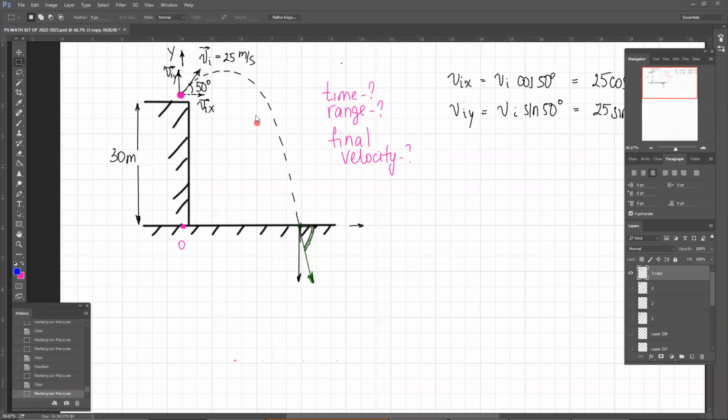So the remainder of the problem will be devoted to finding the maximum height of the ball. And here's how I will propose to do it.